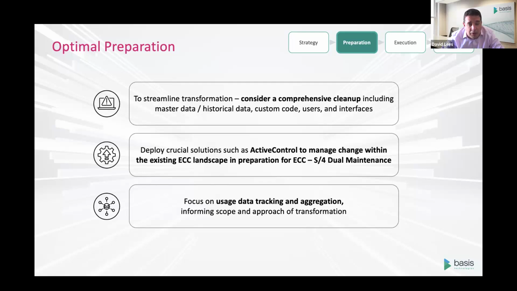And with the opportunities to try and move back to standard as well, that may bring down the amount of needed custom code even further. So there's no point in remediating unnecessarily custom code to make it ready for HANA and ready for S4.